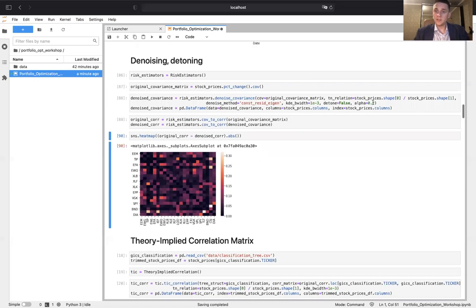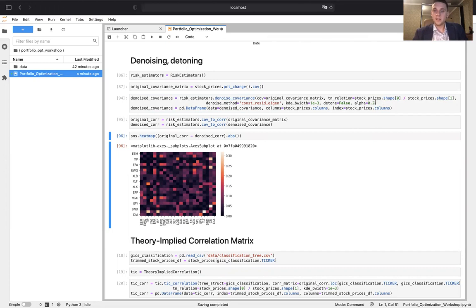Now let's specify alpha of, let's say, 0.9, and take a look if our plot has changed. As you can see, there are zero changes in our plots when we change alpha, because alpha is only used in your target shrinkage method.